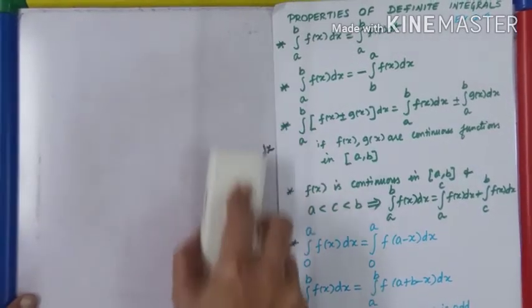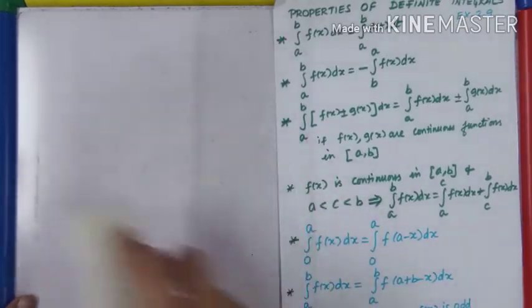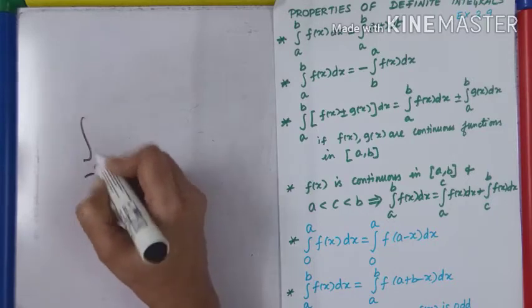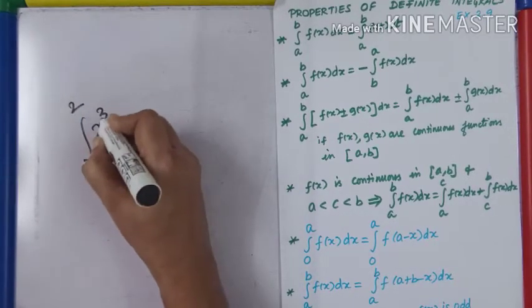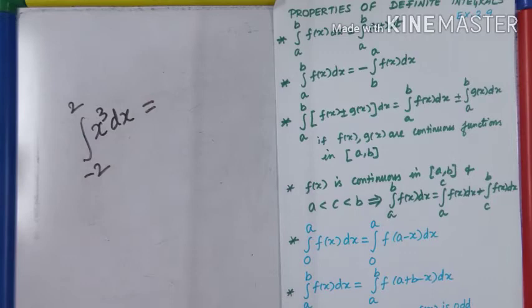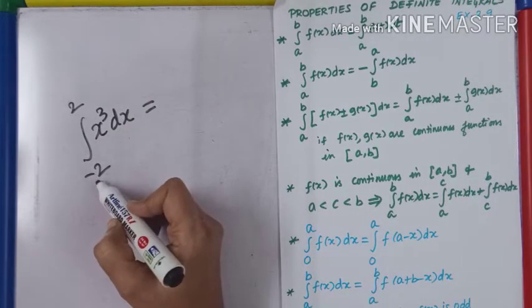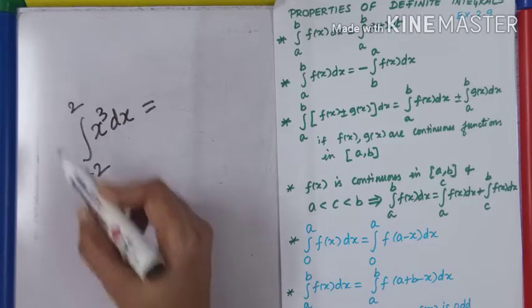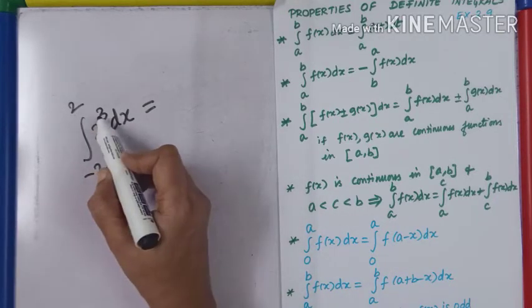As we proceed on to the exercise, just check whenever the limits are from minus to plus and the question is say x cube dx. Tell me the answer. This is minus 2 to plus 2. Same number, negative to positive. And the power is odd.